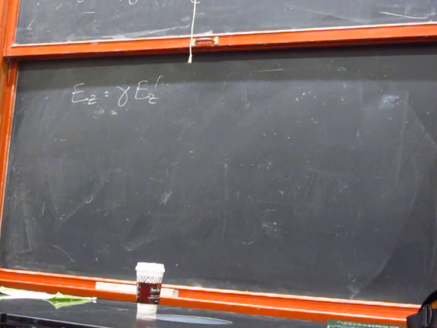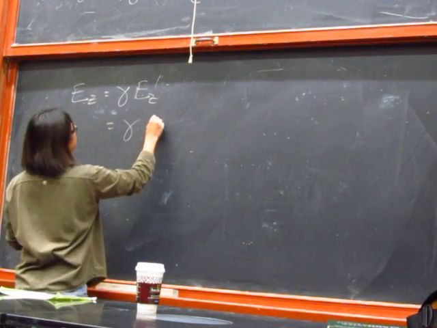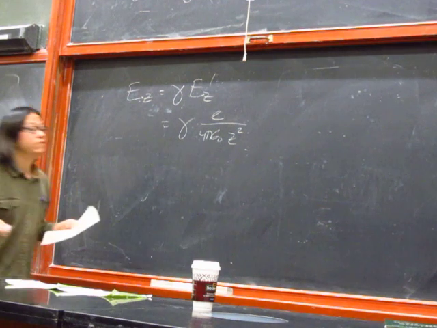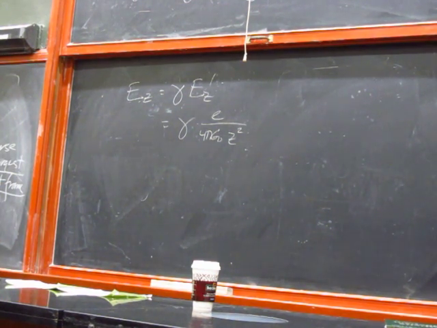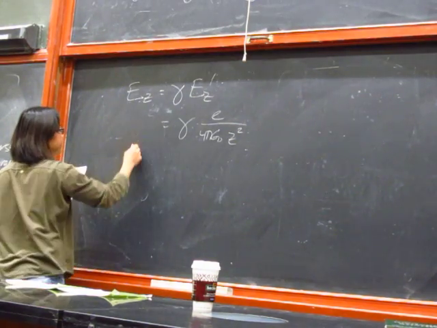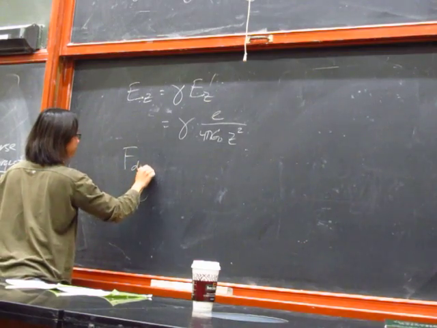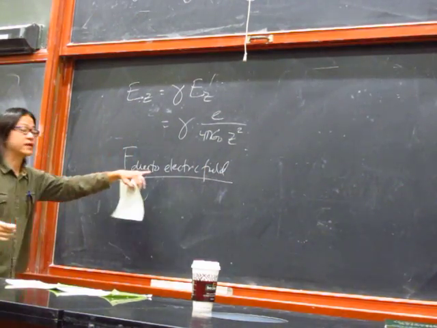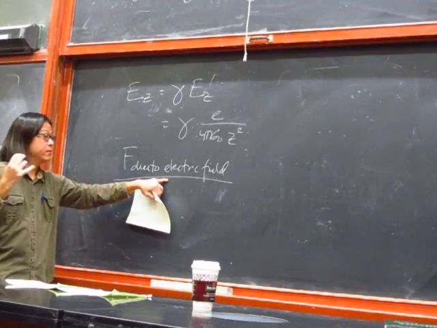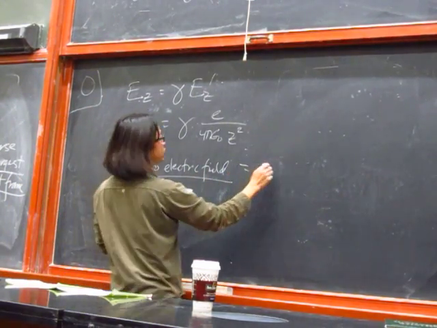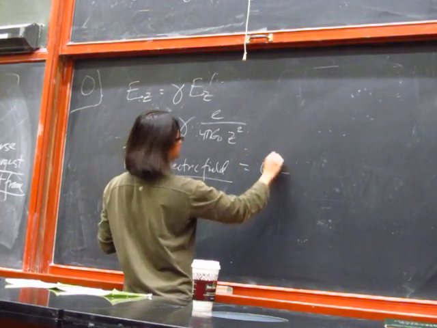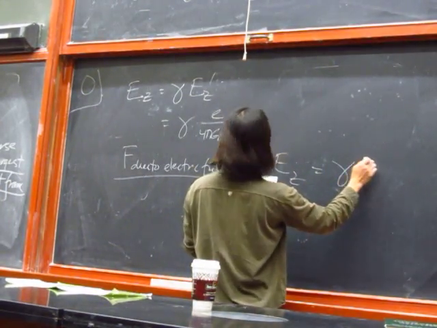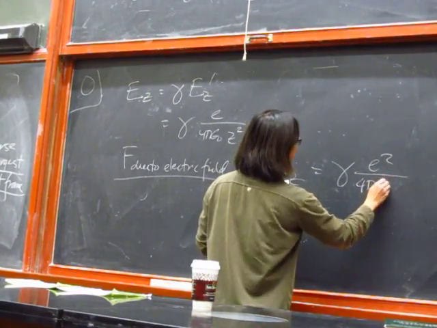Ez is a larger electric field, so it's equal to gamma E over 4 pi epsilon naught C squared. And the force due to the electric field of a moving charge in the lab frame is just equal to E times Z. But recall that there's a gamma here, so this becomes gamma E squared over 4 pi epsilon naught C squared.